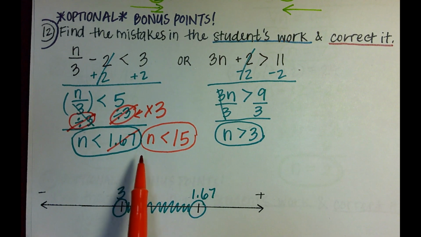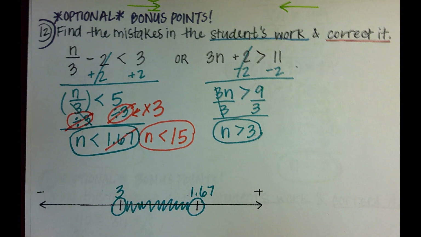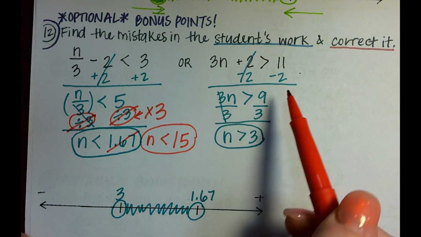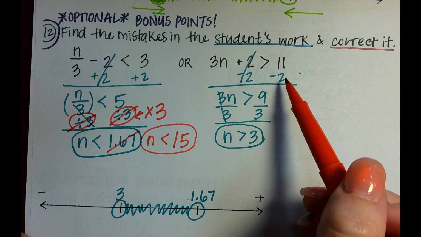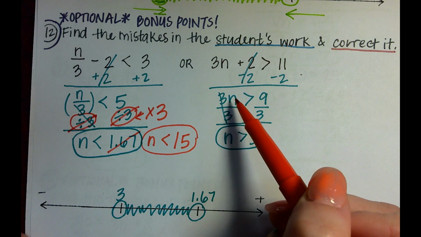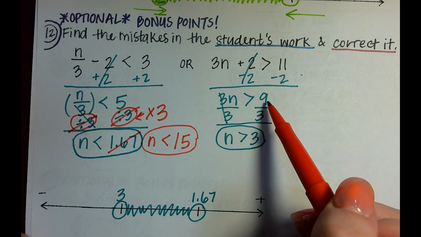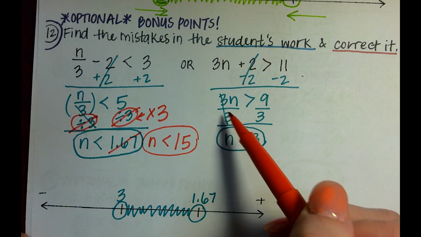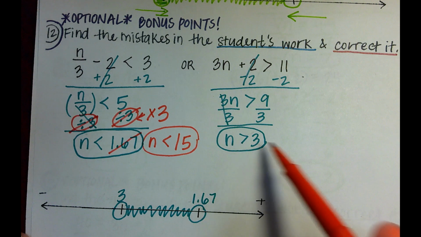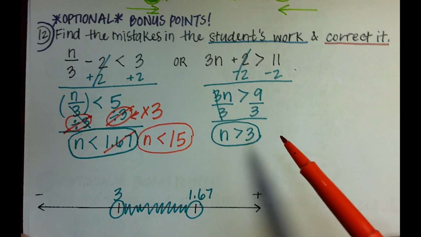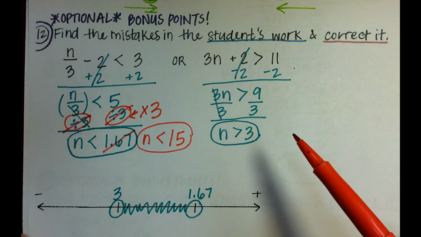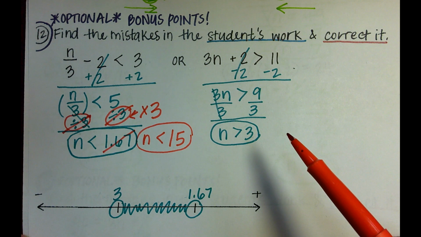Okay. So we've corrected this one. Let's check the other side. Minus 2, that's right. 3n to 9, that's right. That all look right? Yes. Okay, so let's see.